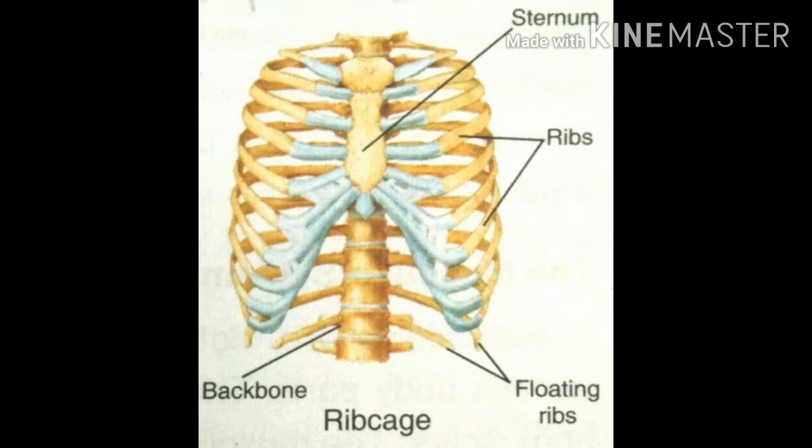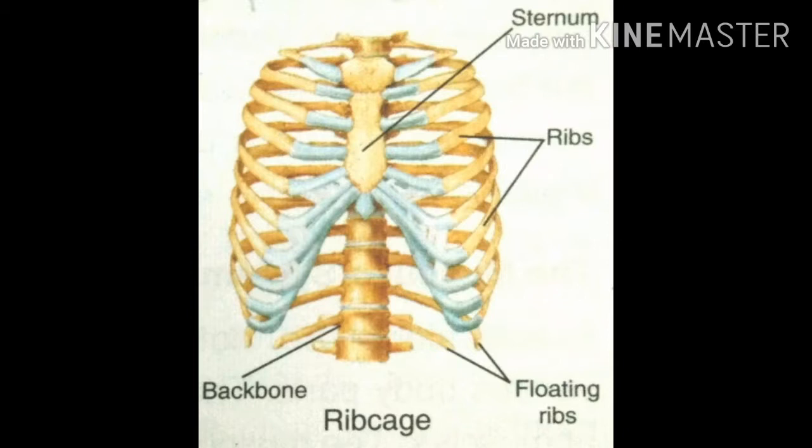They are not joined to the sternum or chest bone. So these 2 pairs we call floating ribs.